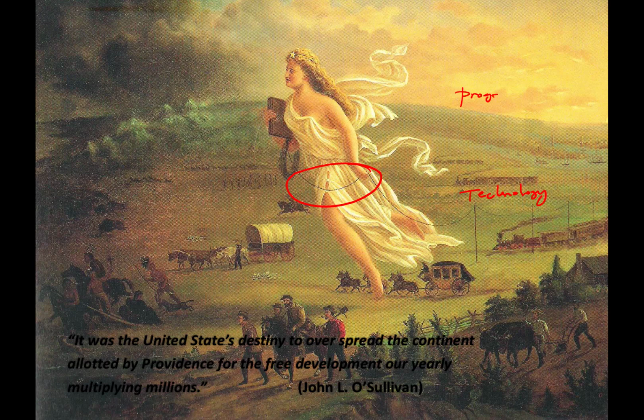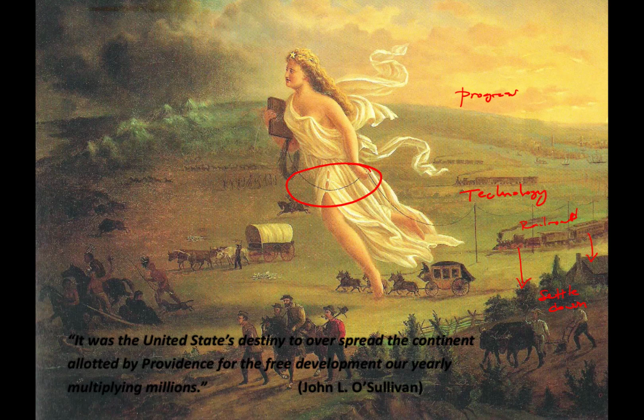Progress was definitely part of that in this image. And so you see people setting out, and then you have this idea of settling down with farming and a homestead and a house.